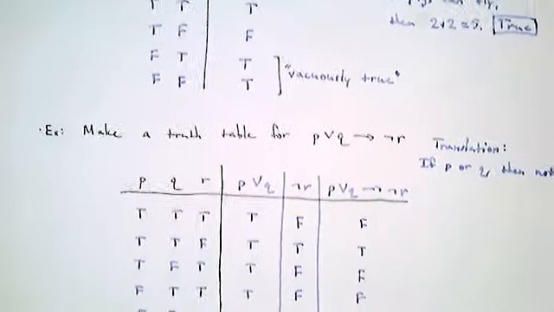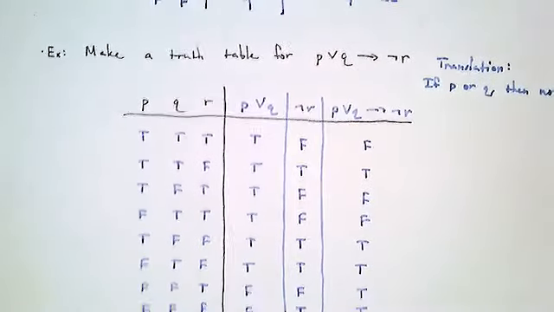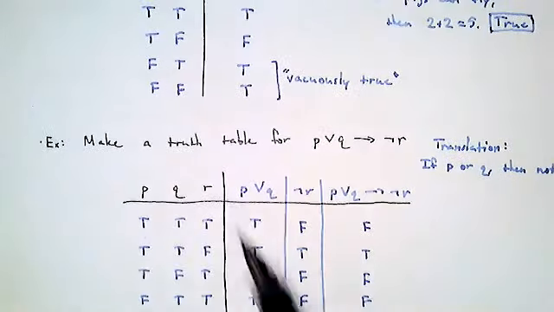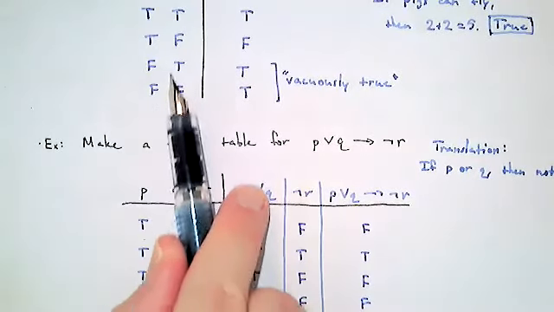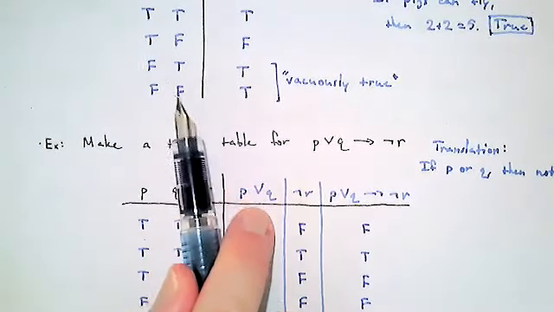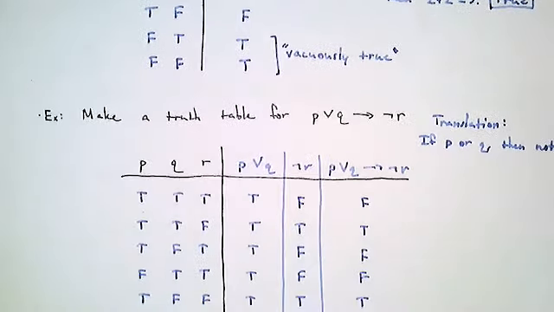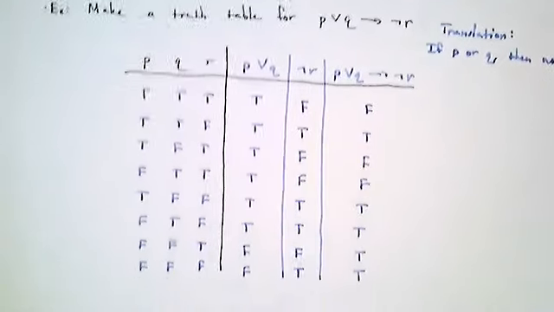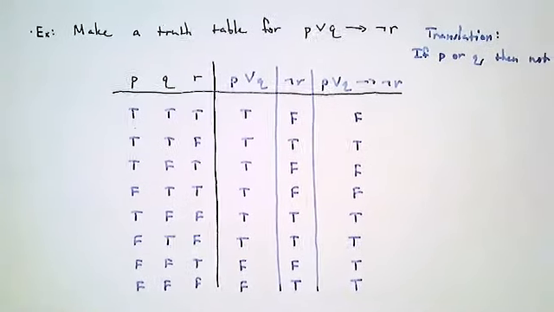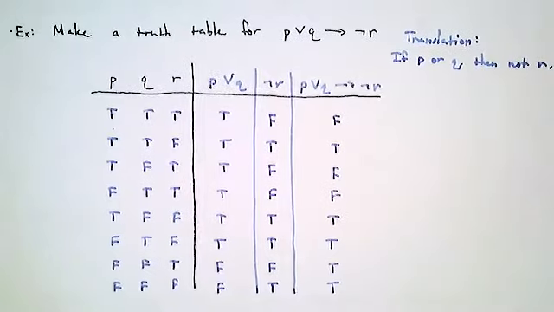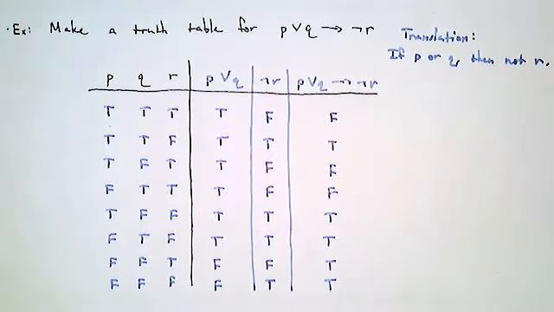I got you. So the hypothesis fails, so we assume true. Right, so if the hypothesis is false, then it doesn't matter what the conclusion is. It's going to be true no matter what. All right, just checking. Yeah, that's a good question. This is definitely not straightforward.